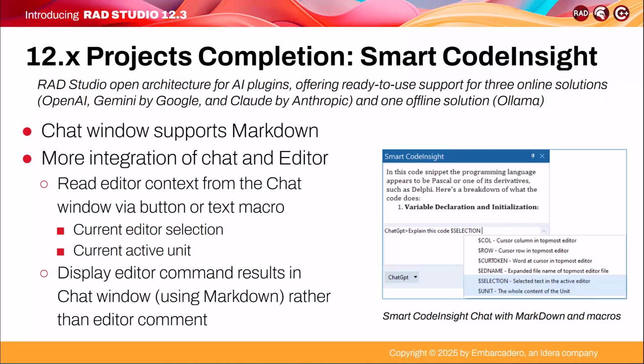The other change is that it allows reading editor content, and this can be done in 2 ways. You can click on one of the buttons that are available to copy some of the editor content into the actual prompt, or you can use special macros in the text to extract the same information in a more programmatic way.